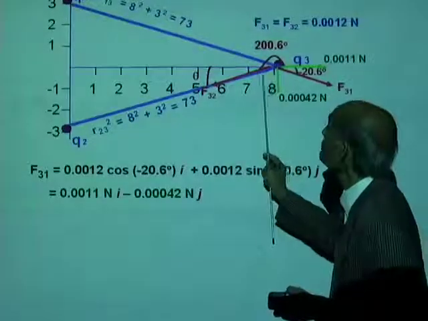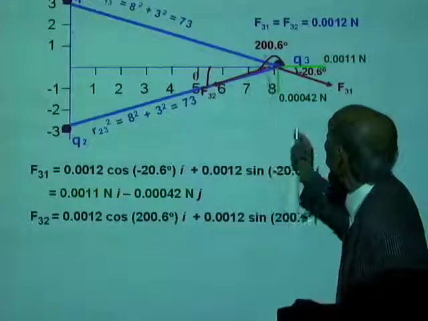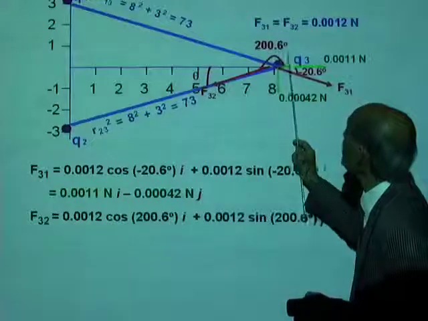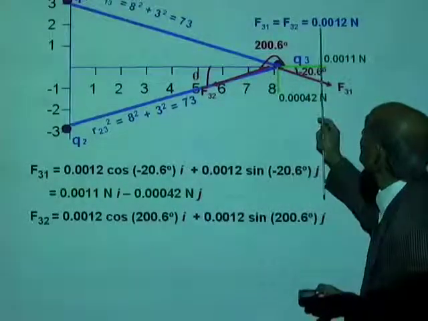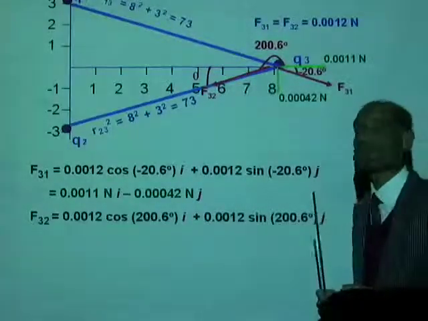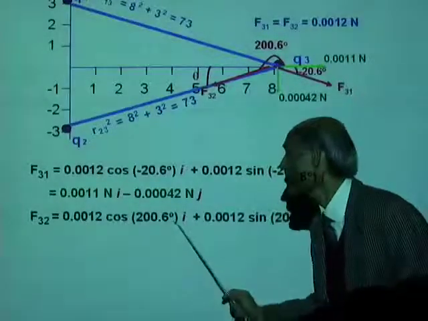Let's write F32 in component form. F32 will be 0.0012 cos 200.6 degrees i plus 0.0012 sine 200.6 degrees j. And use your calculator to work this out.